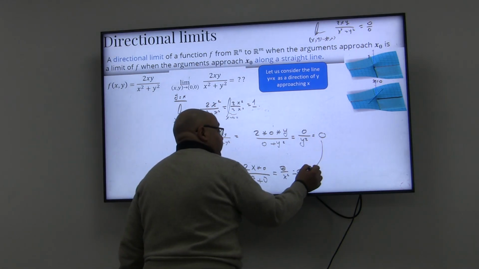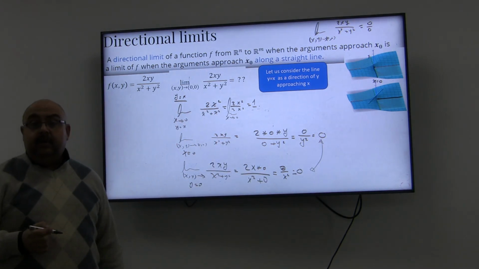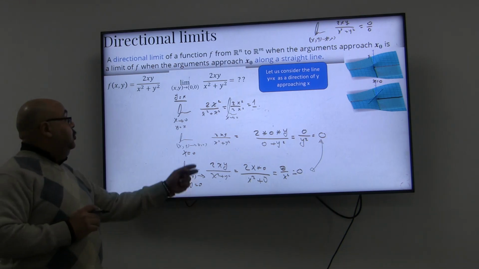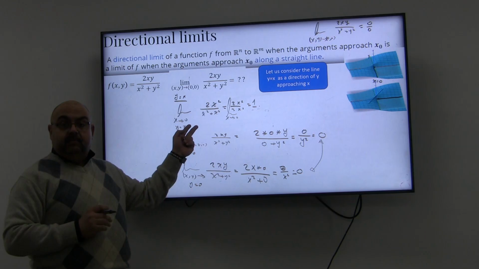From these two paths, they are equal to each other. So the x-axis and y-axis are equal to each other. But if you use y equal to x, it's not equal to both of them.